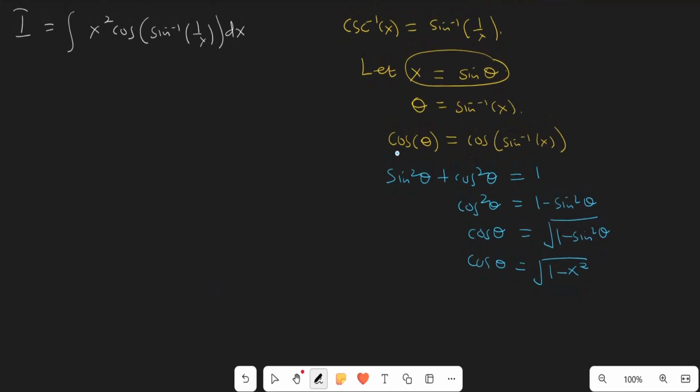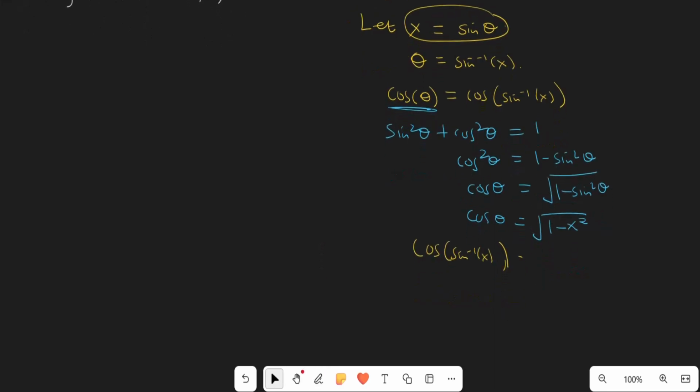But we know that cosine of theta is equal to the cosine of the sine inverse of x. So the cosine of the sine inverse of x is equal to the square root of 1 minus x squared, because the cosine of theta is the same as the cosine of the sine inverse of x.